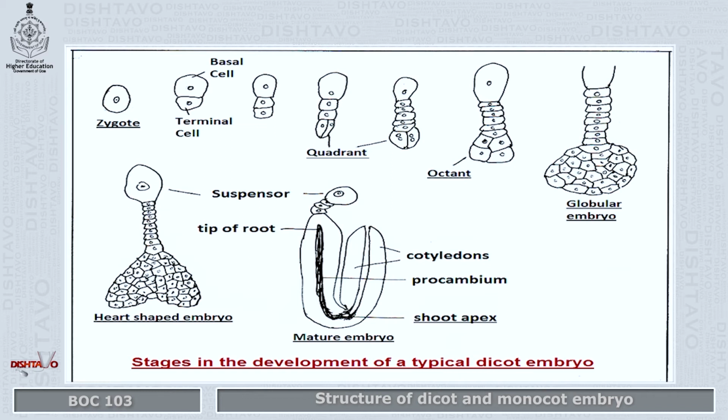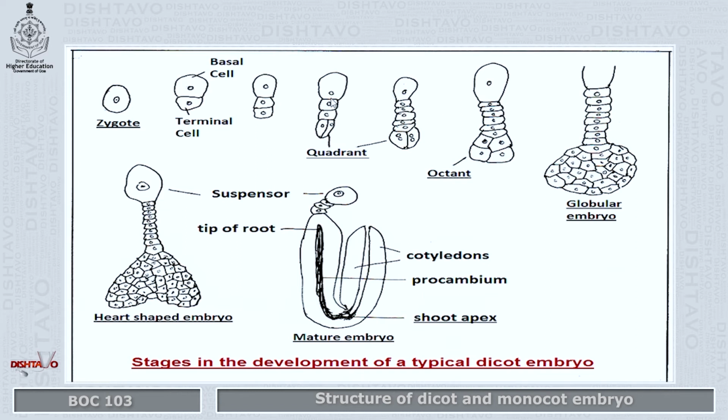The cells of the dermatogen later on divide and eventually produce the epidermis of the embryo, and the cells of the periblem, after further divisions, give rise to the cortex, and the plerome forms the procambial system of the hypocotyl region.